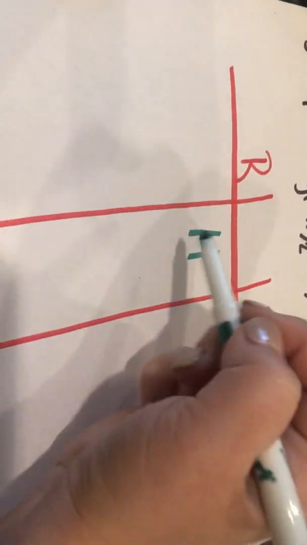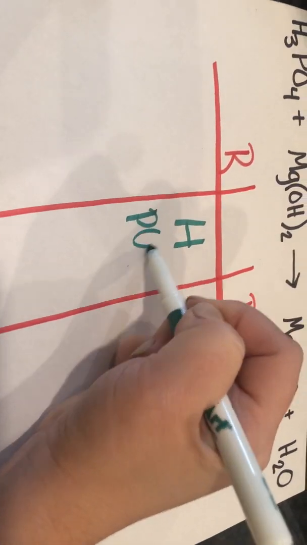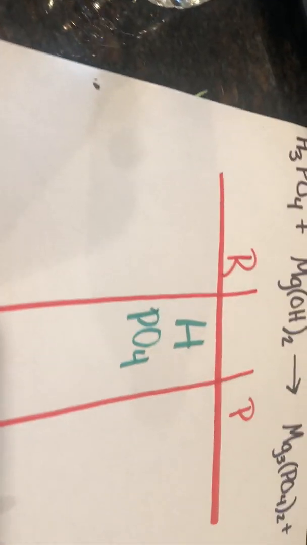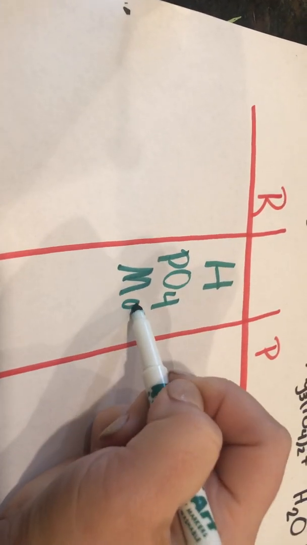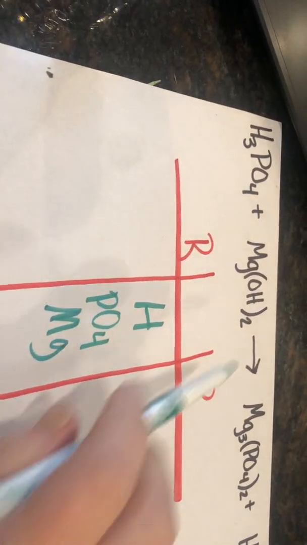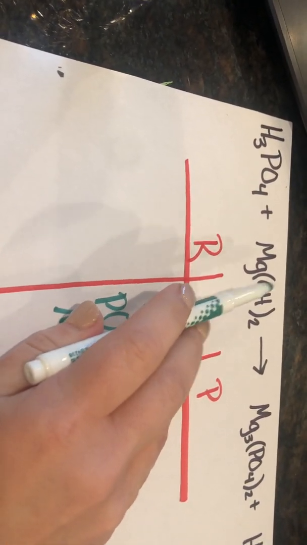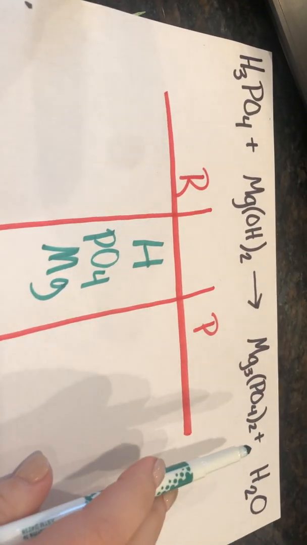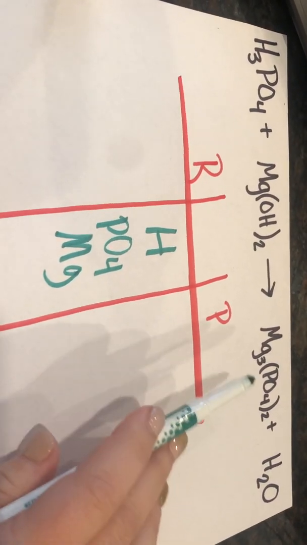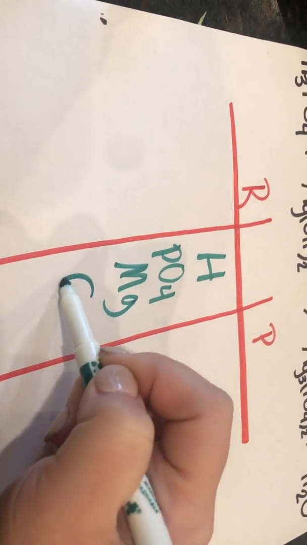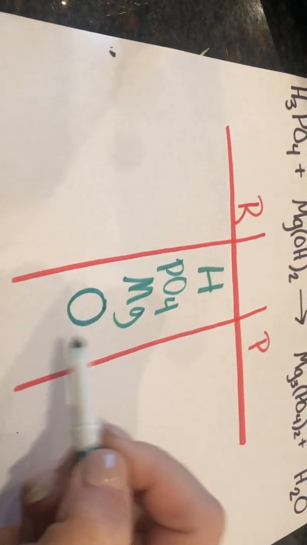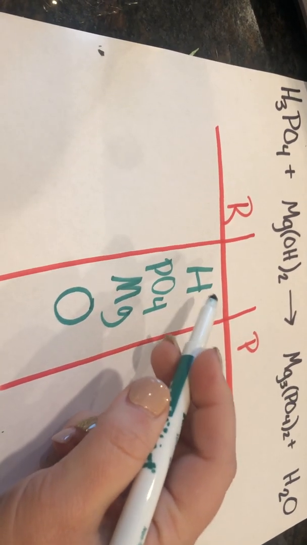So we can keep this polyatomic ion together. We also have magnesium, and we have hydroxide over here. But wait, is hydroxide in the form of a polyatomic over here? No. So we cannot keep hydroxide together. It has to be split up. So we need to have oxygen and hydrogen. We already have hydrogen up here.